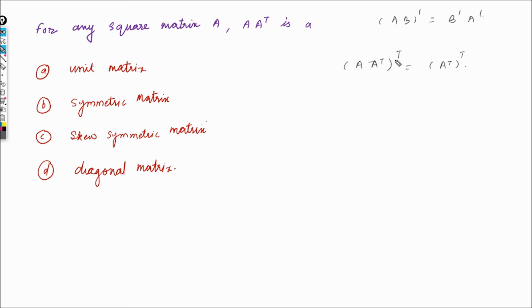So transpose of A' into A', and transpose of transpose means A. So we can say that the transpose of the given matrix is equal to itself. This is the given matrix, and if we take its transpose, we get the same matrix. Therefore we can say that it is a symmetric matrix.